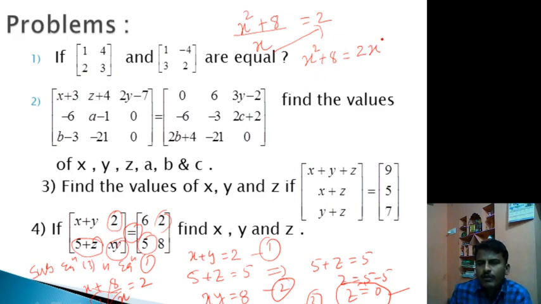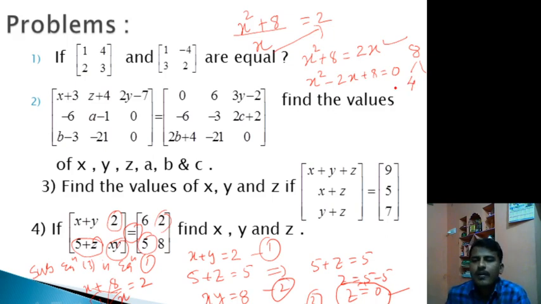Now this is in the form of a quadratic equation. Now we want to make it as x square minus 2x plus 8 equal to 0. It means there is a number whose multiplication will be 8 and addition should be 2. There are no such numbers.